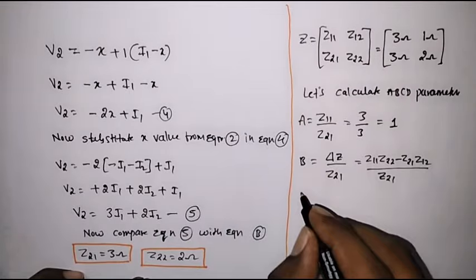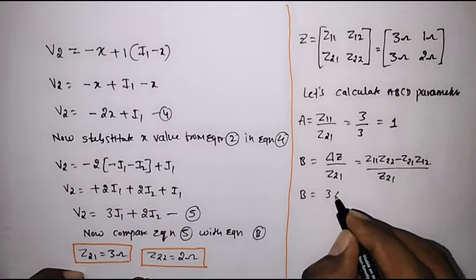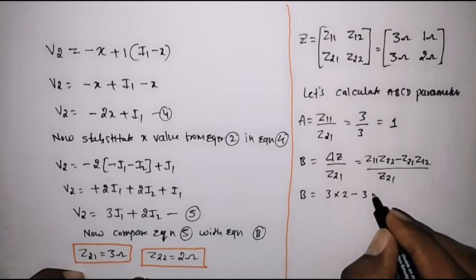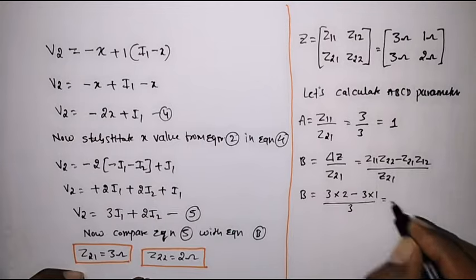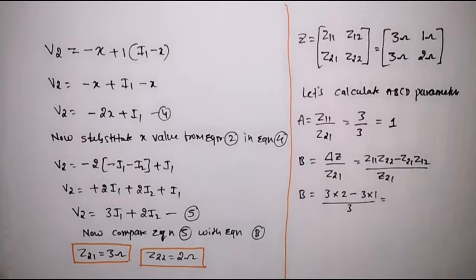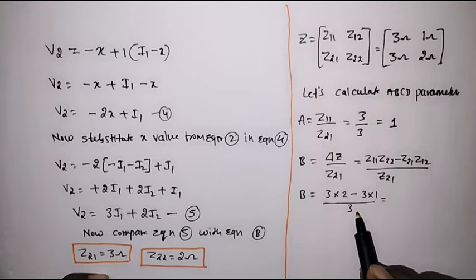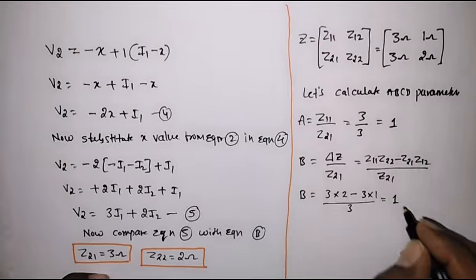Therefore B is equal to 3 into 2 minus 3 into 1 divided by 3, which gives 6 minus 3 is 3, 3 by 3 is 1. Therefore B value is also equal to 1.